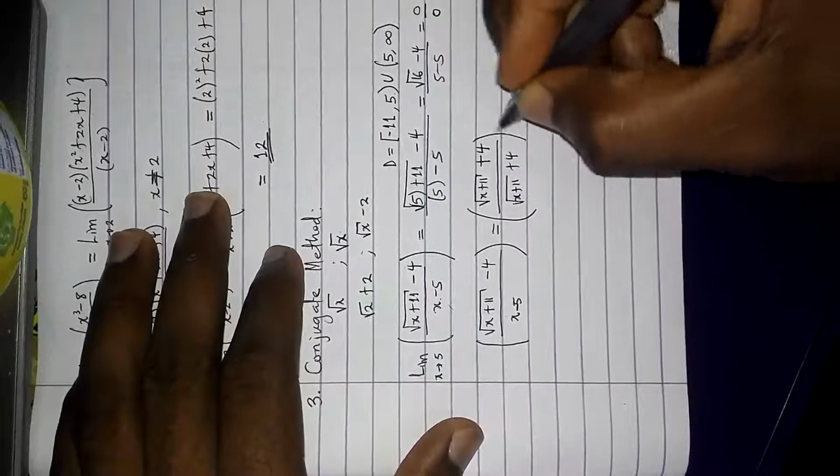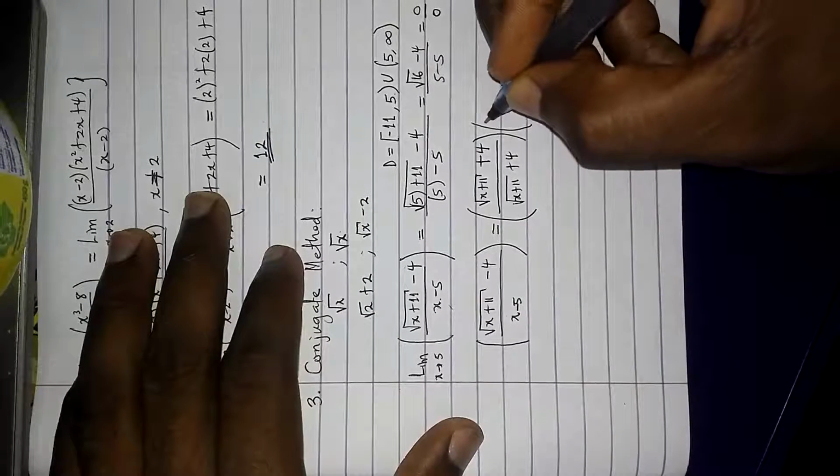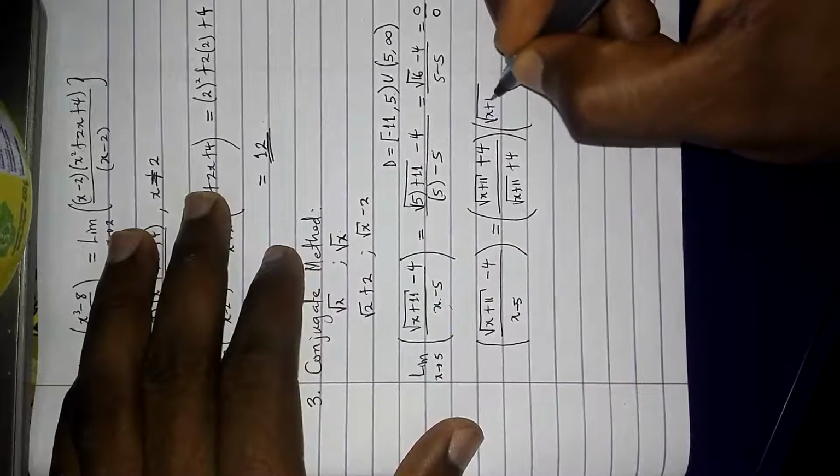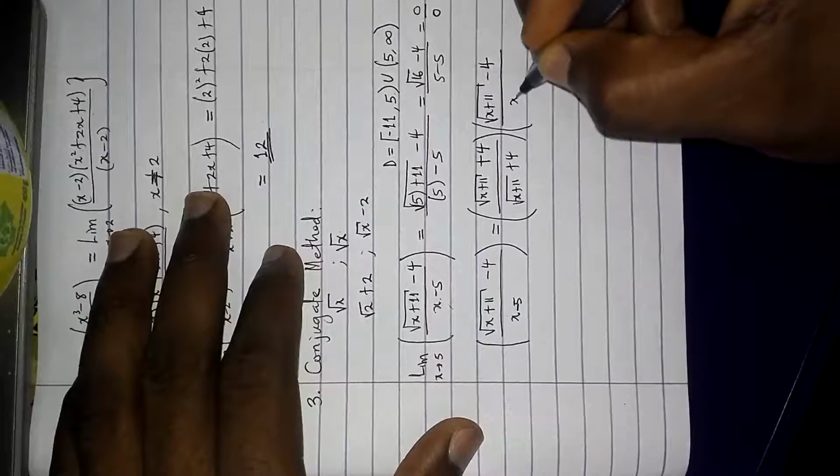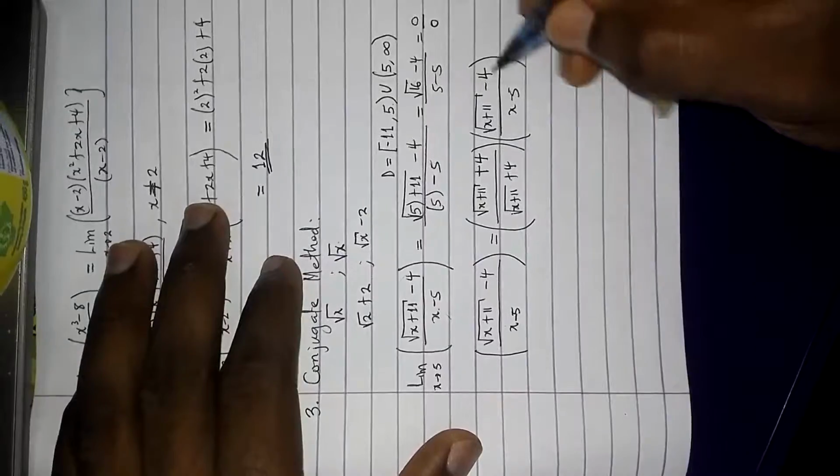We are multiplying top and bottom, then multiply by square root of x plus 11 minus 4 divided by x minus 5. And why is this possible?